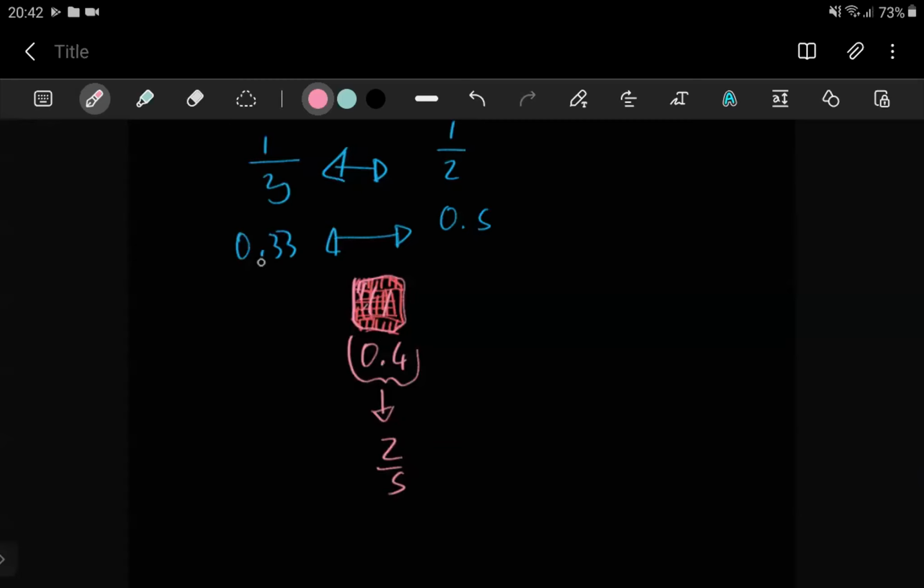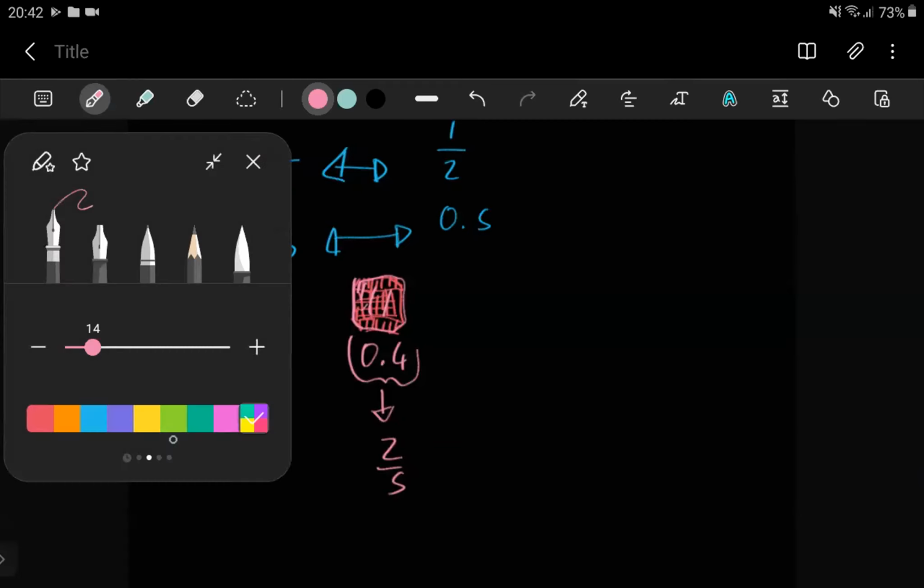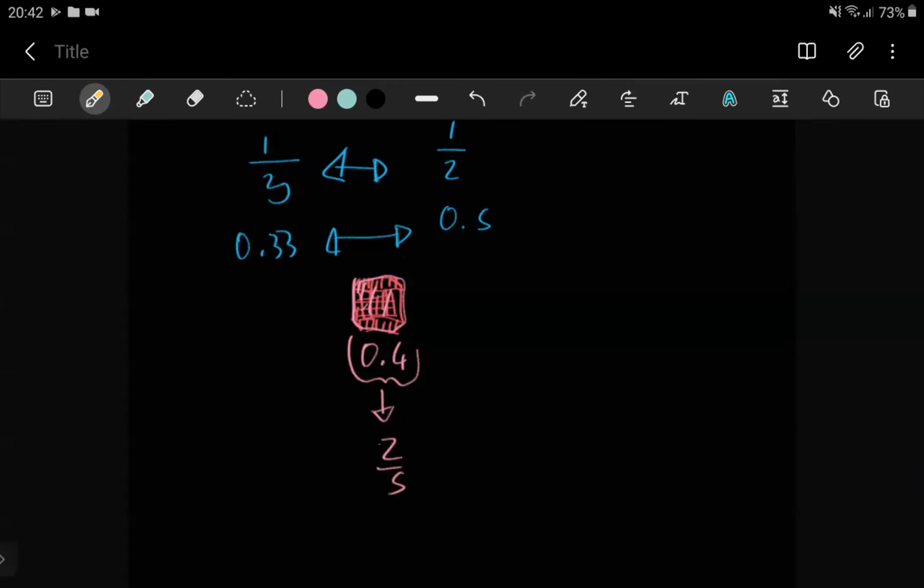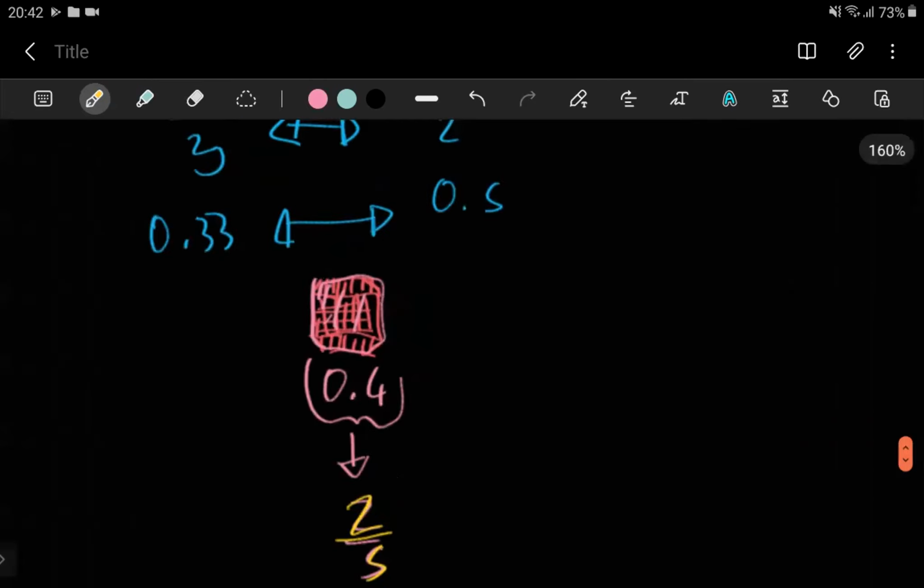So using the decimals as a way to help you see which fraction you can choose is the method behind why we want to see the decimals. From the decimals, you can think of something like 0.3, somewhere in the middle you get 0.4, and then other decimals, and then here you have the 0.5.